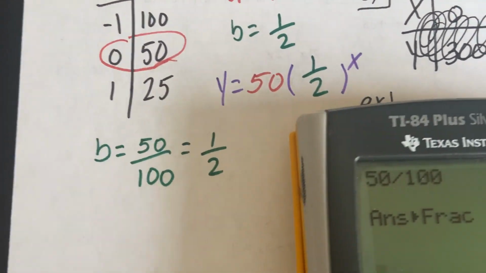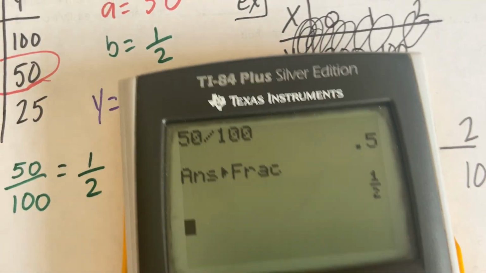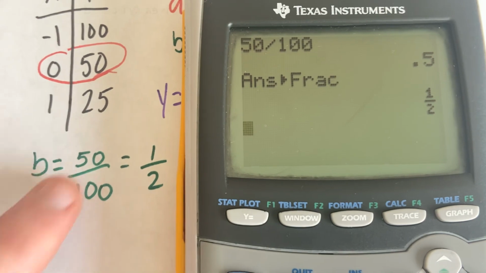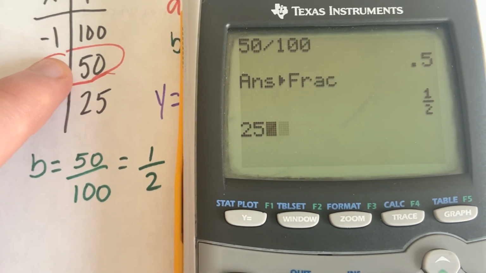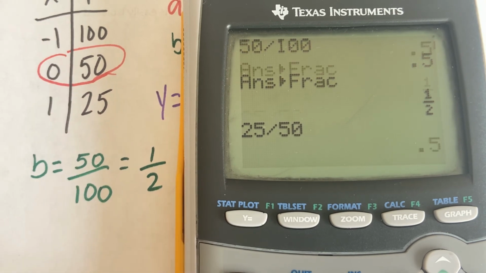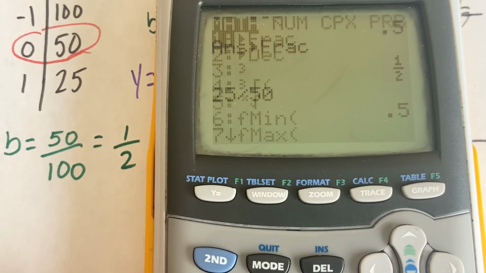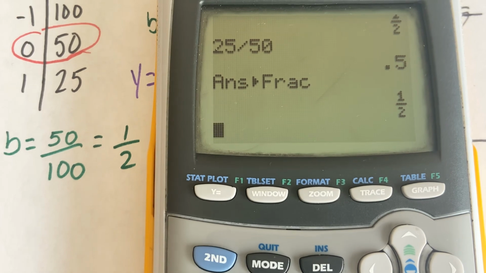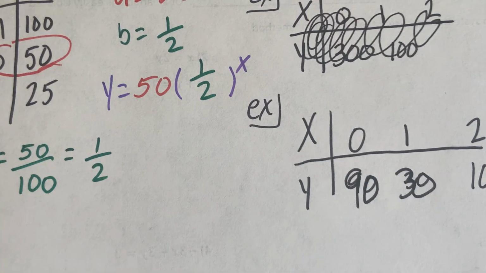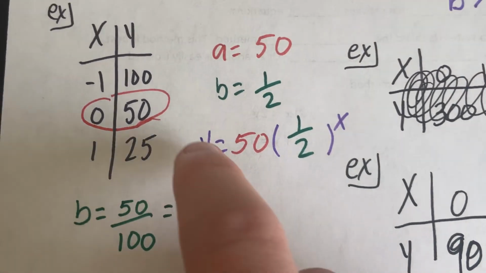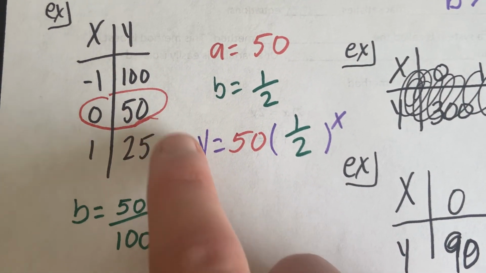Taking this a step further to see if it's exponential everywhere, we could have done 25 divided by 50, and it should give us that same 0.5 or 1/2. One thing I didn't stress before: make sure you're picking consecutive numbers. Notice how I did 50 over 100 or 25 over 50.